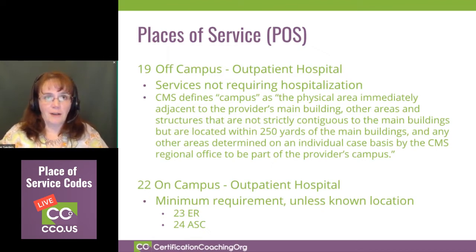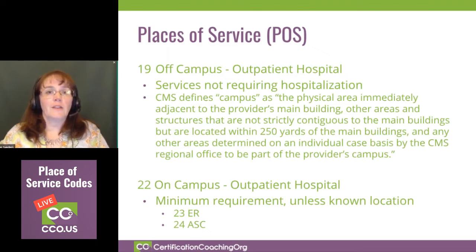I put these two together so that we can look at the differences, because there are codes that come in between 19 and 22. But there is a minimum requirement unless you know the location. A minimum requirement means you can put in a 22 for on-campus outpatient hospital for the services that you have, unless that provider knows the location, such as an emergency room or ambulatory surgical center, or other criteria listed on the CMS site.